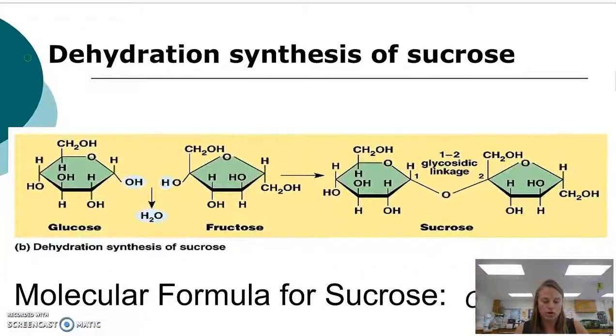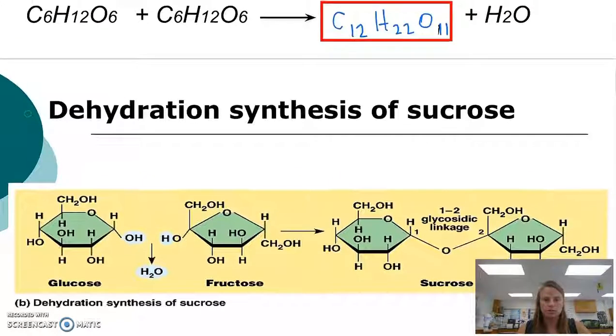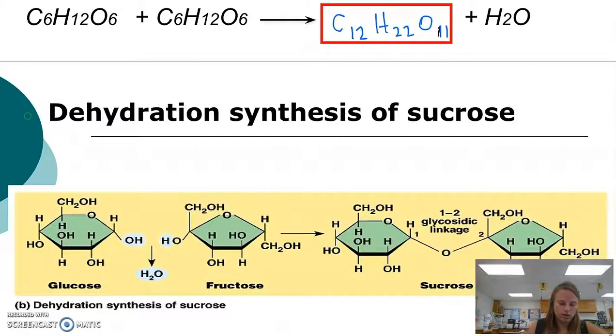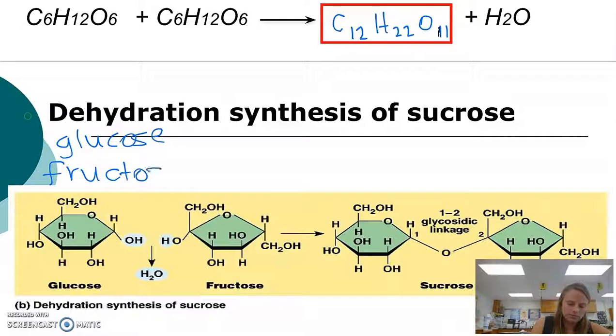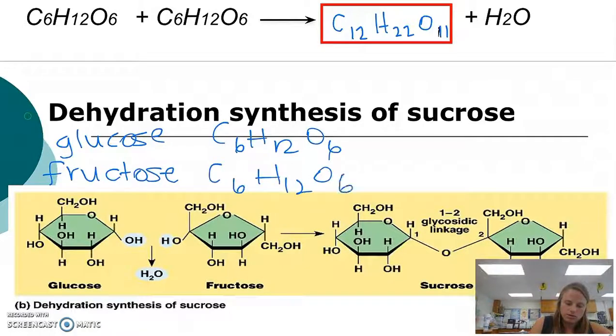Now let's figure out the formula for sucrose. Sucrose is glucose and fructose. Glucose is C6H12O6. So is fructose, C6H12O6.